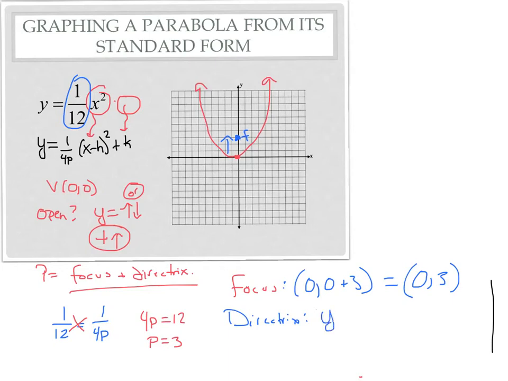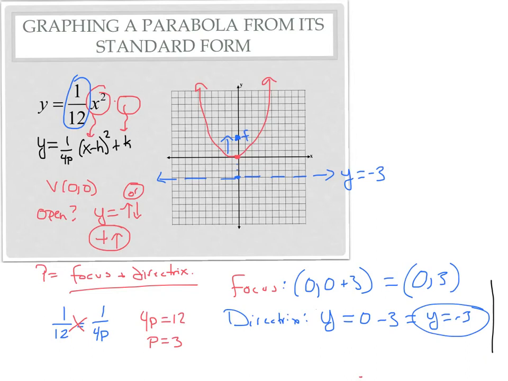Our y value right now at the vertex is equal to 0, but I need to subtract 3 units because moving backwards from the vertex is a negative direction. So what I do is I plot the point here, and then I draw my horizontal line. So this is y is equal to -3. It's the equation of that line.